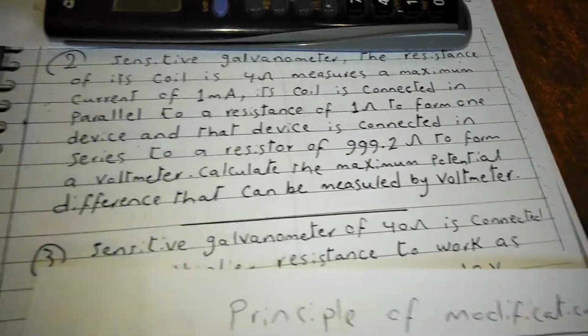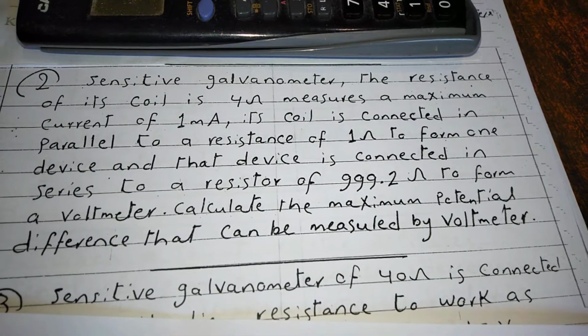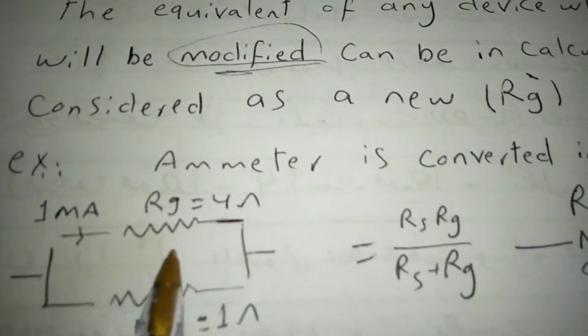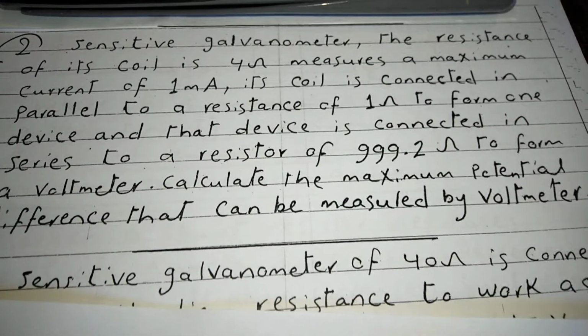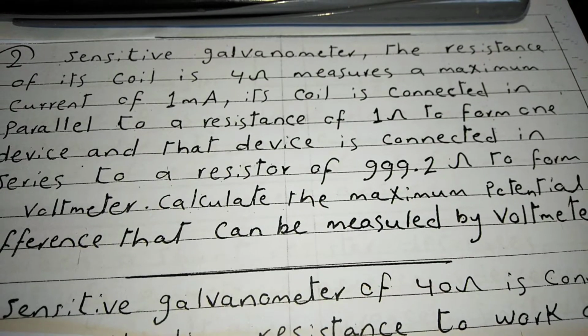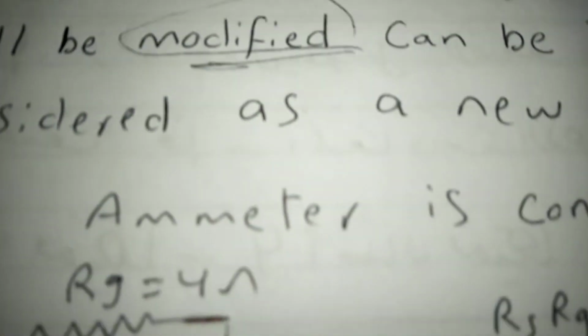The example: a sensitive galvanometer, the resistance of its coil is 4 ohm and it measures a maximum of 1 milliamp.